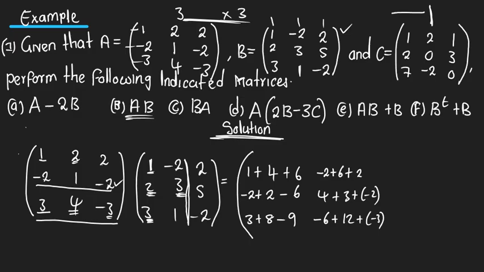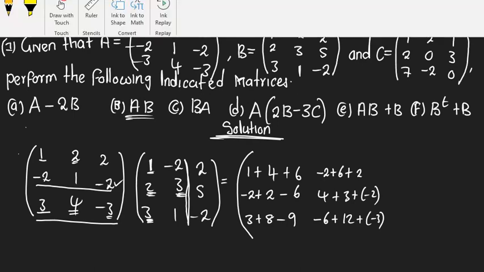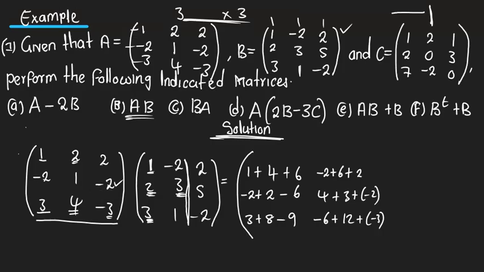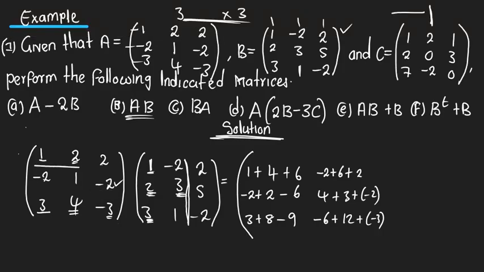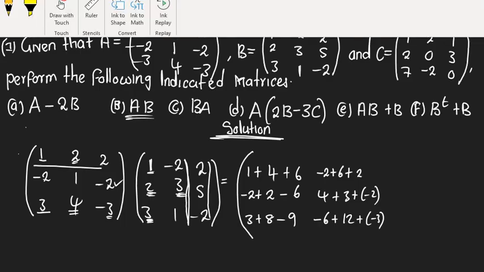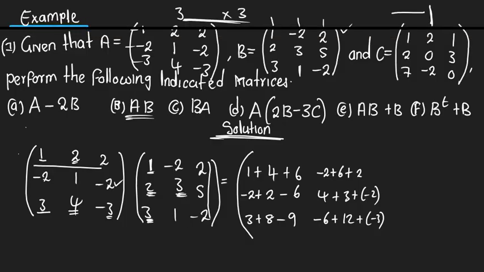So the last one, we are multiplying this by that. It's always a row by column.